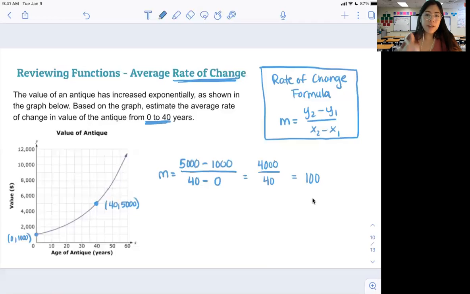We have years. So think about what was on top. This was 5,000 and 1,000 what? Dollars. So $4,000, and this was 40 and 0 years. So my final answer would be $100 per year.